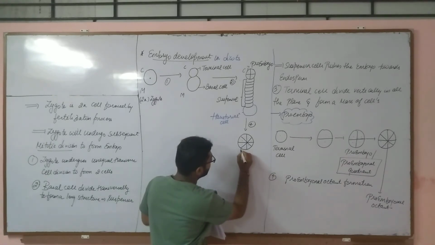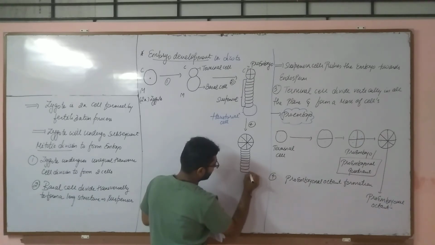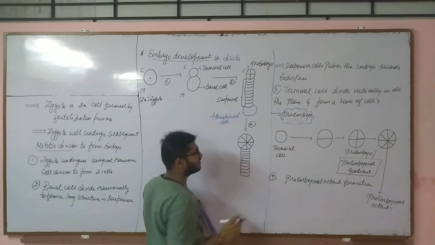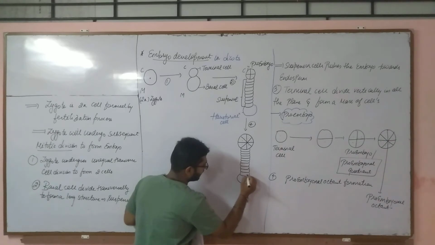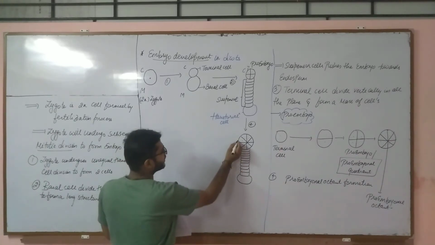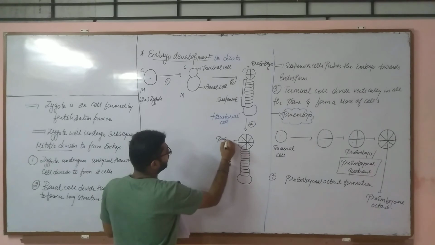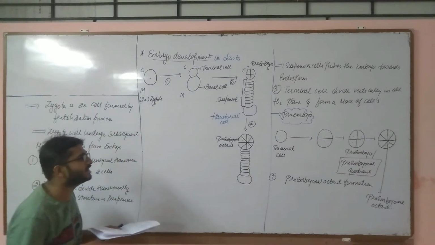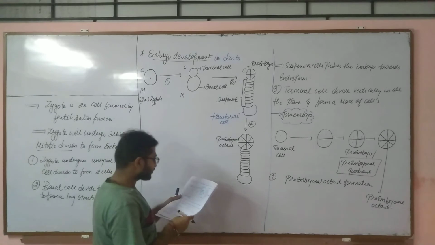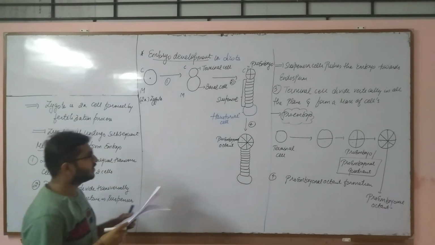So let us draw a few suspensor cells. These are the suspensor cells, and whenever you draw a suspensor, draw at least 7 to 8 suspensor cells in the exam. And the last one is the basal cell. So this structure is the pro-embryonal octet, which is made up of 8 cells. Now this is the fourth step.